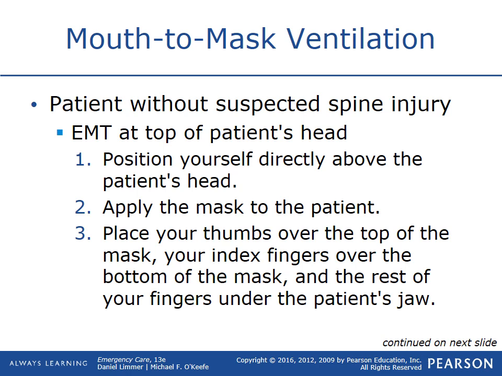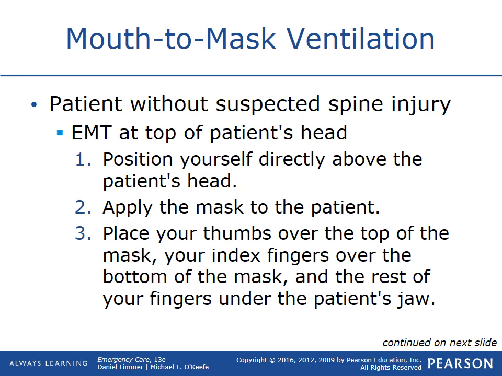When to use mouth-to-mask ventilation? On a patient without suspected spine injury, because you're going to use the head tilt chin lift. You want to have the EMT at the top of the patient's head. Position yourself directly above the patient's head.